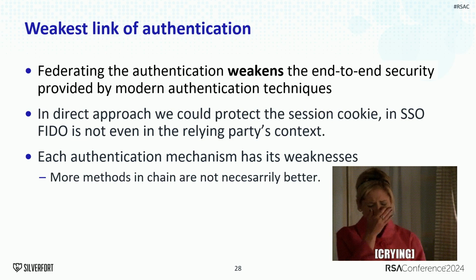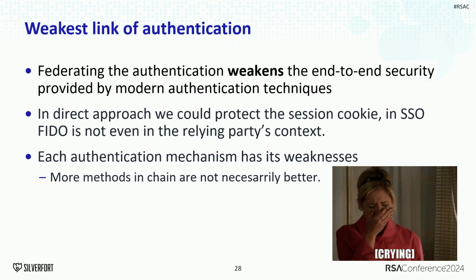So let's talk a little bit about the weakest link of authentication. Federating the authentication actually weakens the end-to-end security provided by modern authentication techniques, because the relying party, or the application, does not have enough power to validate the session created by the identity provider.